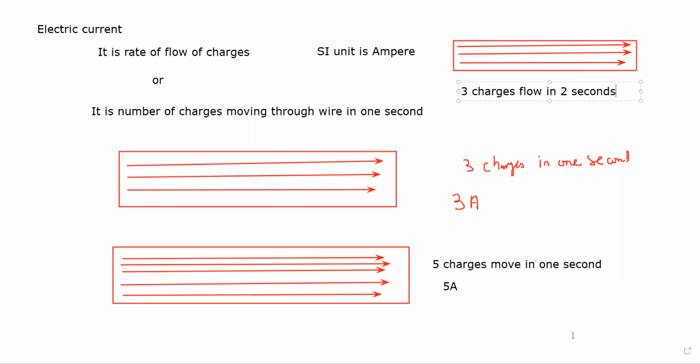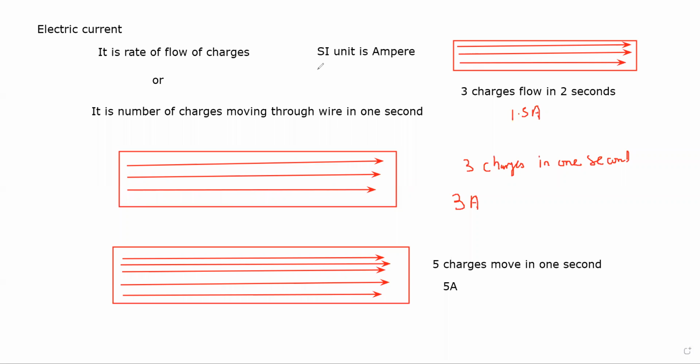So if 3 charges flow in 2 seconds, what is the current here? Current is how many charges flow in 1 second. So 3 charges in 2 seconds means half that in 1 second. So the current will be 1.5 ampere. So current can be in decimal as well.